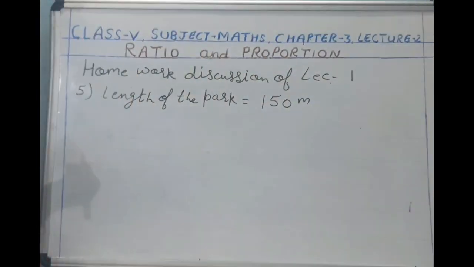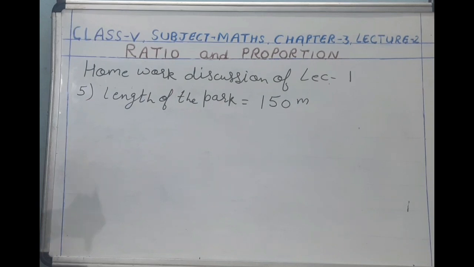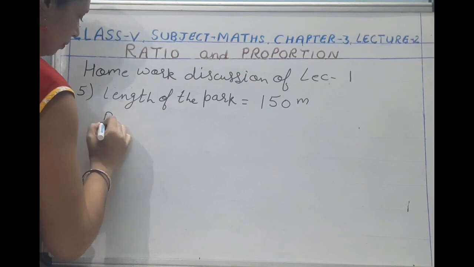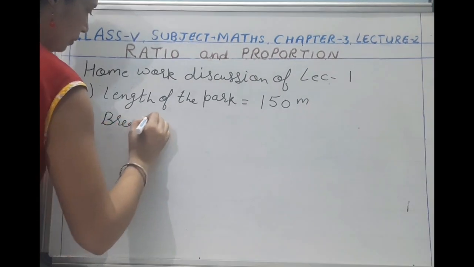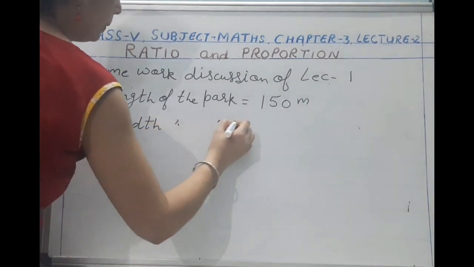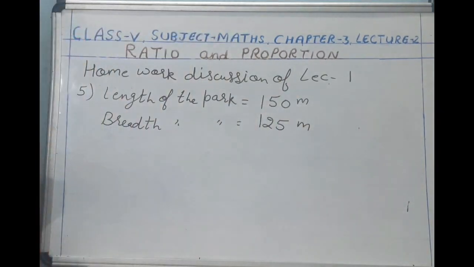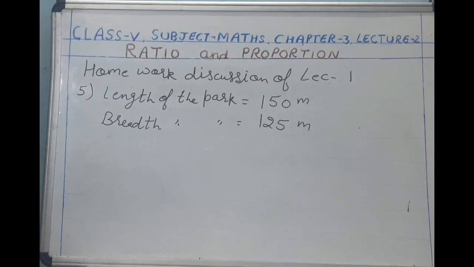And the width, or we can say breadth, of the park is 125 meter. It is given. The fence around it is 2 meter high. 2 meter high fencing की गई है.